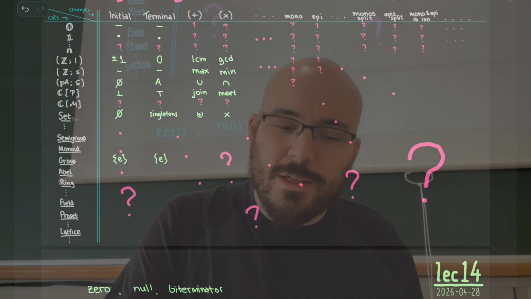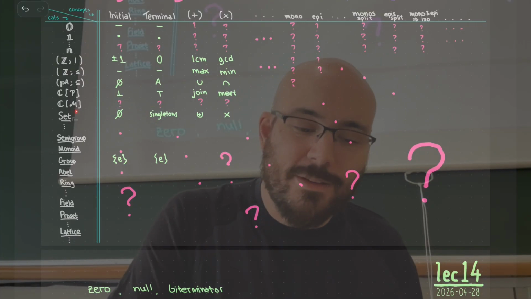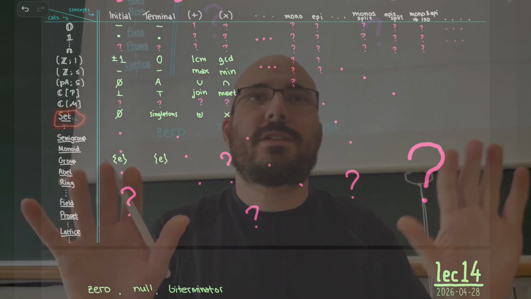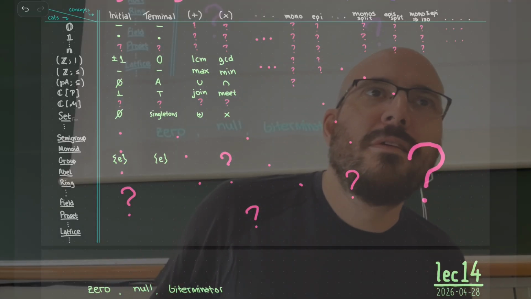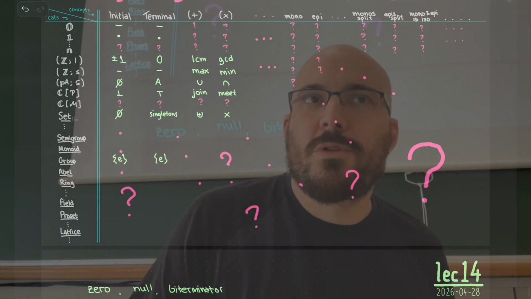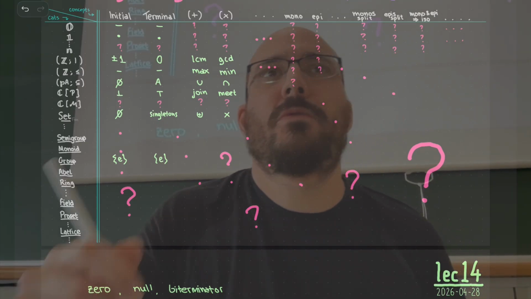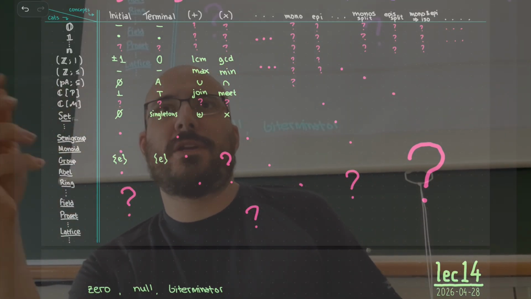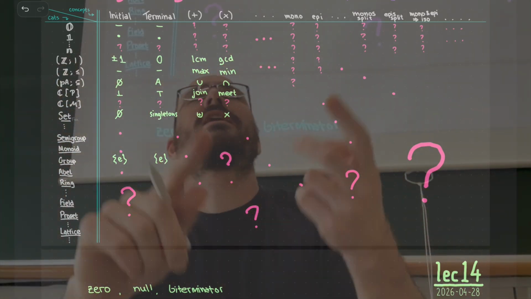And similarly, the only terminal objects are singletons, and these are not initial objects. So in particular, in this category there's no such thing as a null object or bi-terminator. We'll avoid a bit the zero terminology. That's the definition: it's called a zero object if it's simultaneously an initial and a terminal object.